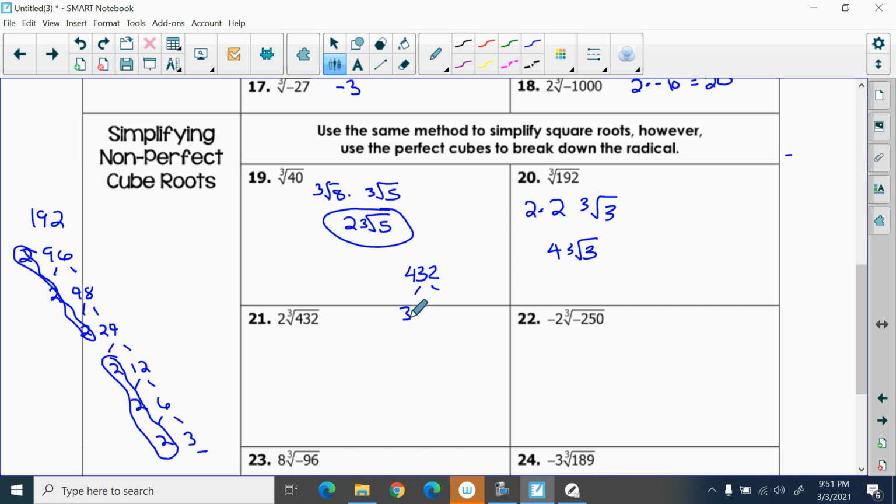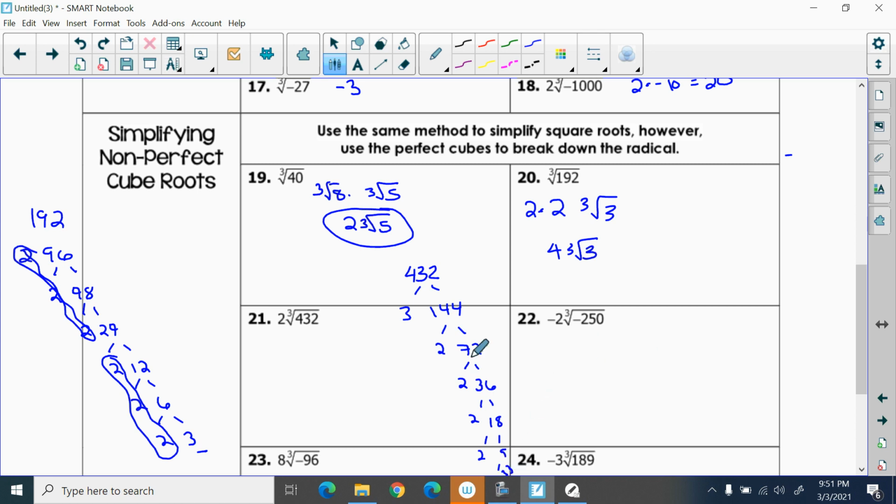So that's 3 times 144. Now we're not looking for perfect squares now. We're looking for perfect cubes. So we're going to divide that by 2. So that's 2 times 72, which is 2 times 36. 2 times 18, 2 times 9, and that's 3 times 3.